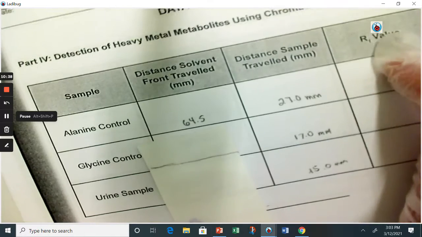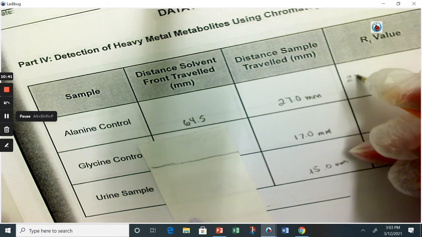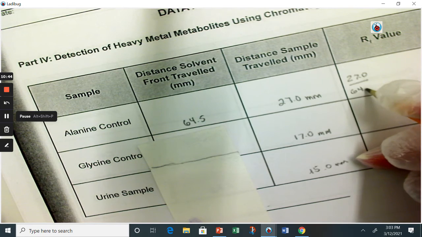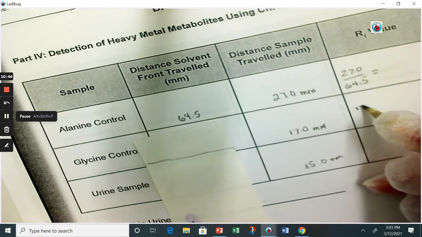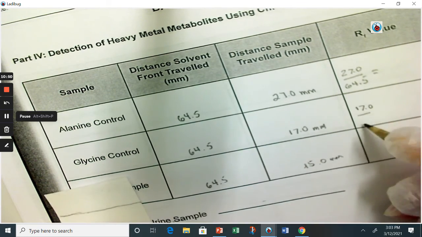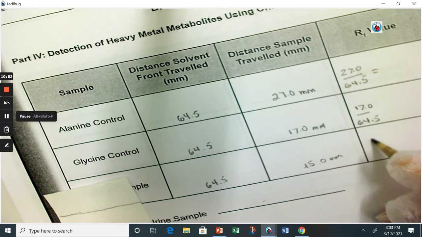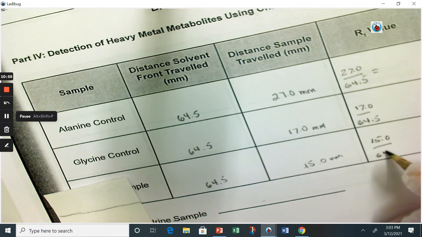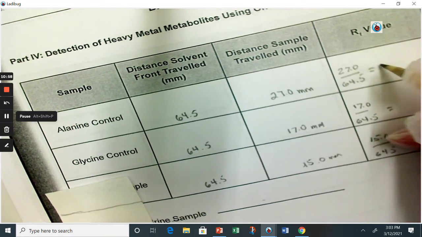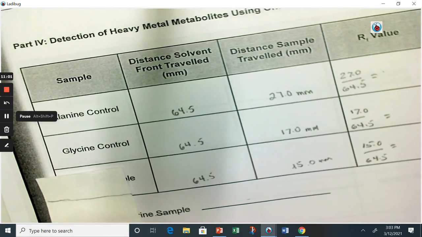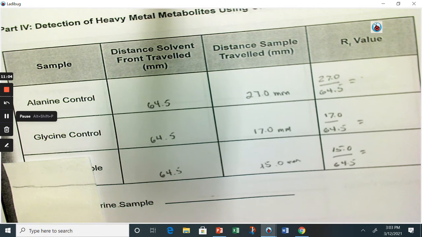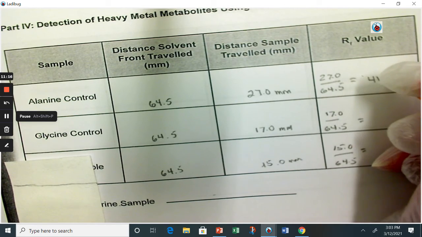Now, this RF value is the distance traveled over the total distance, and you will get your value. So we're going to do that calculation. 0.419.